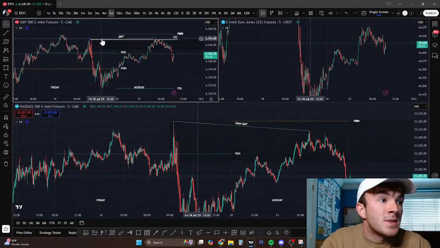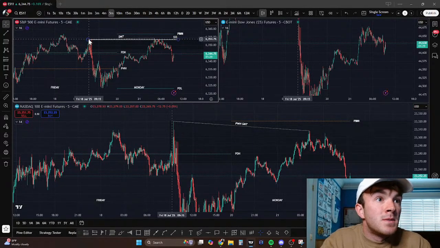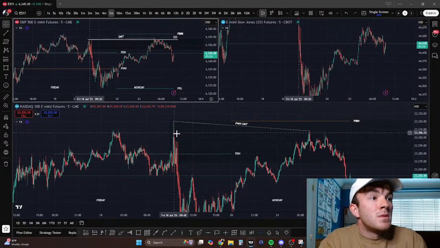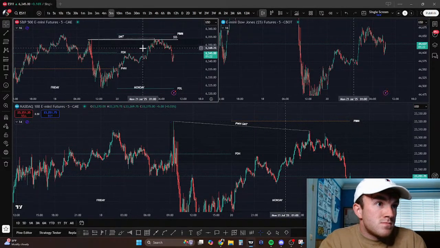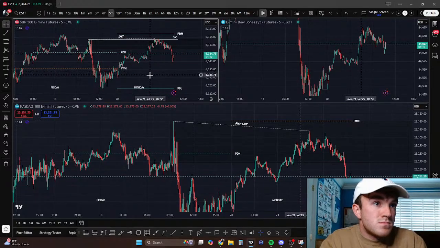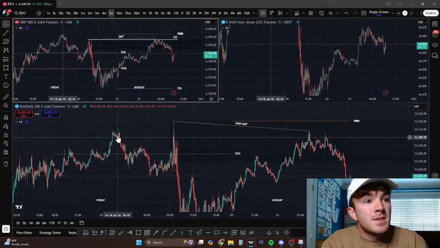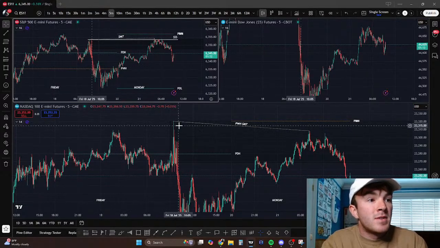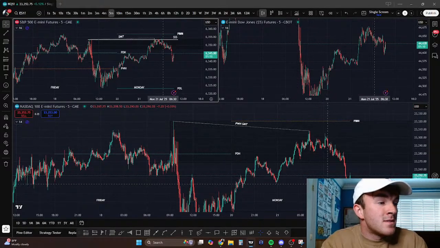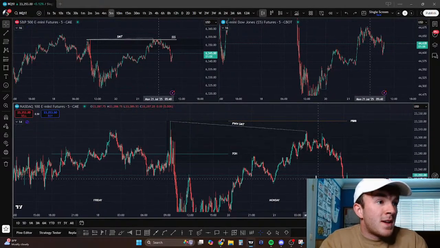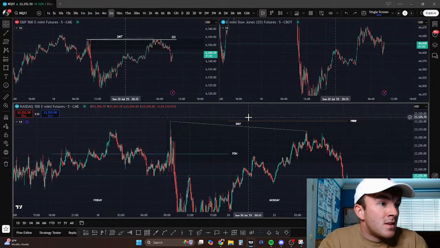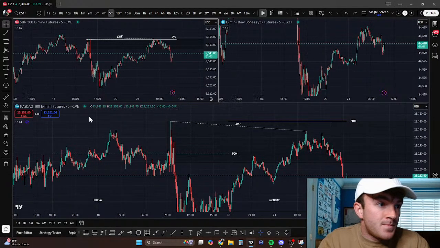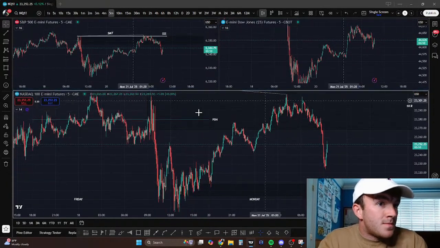SMT with previous week's high here. It's interesting though because the previous week's high on S&P is this high. Previous week's high on Nasdaq is this high. So I'll just keep it at S&P because I don't want to overcomplicate it for myself.